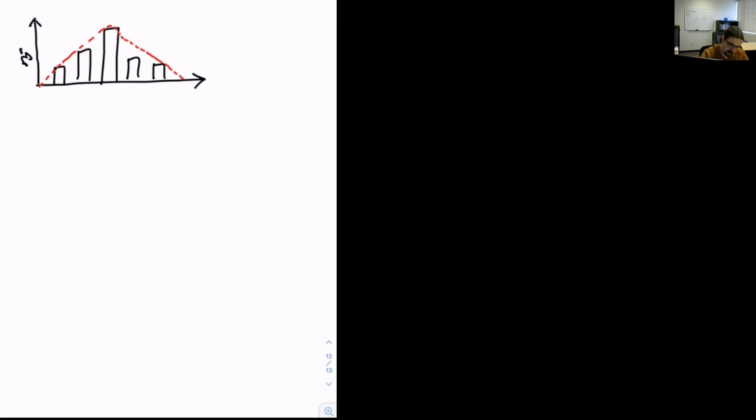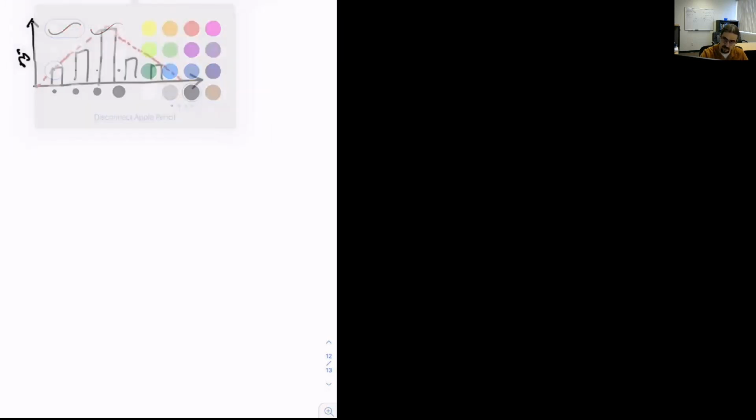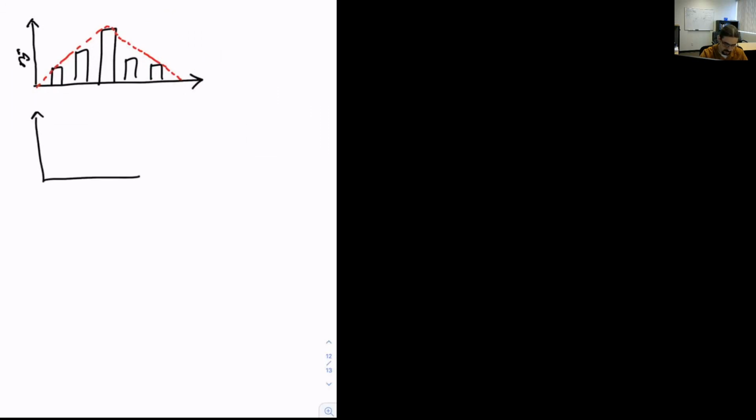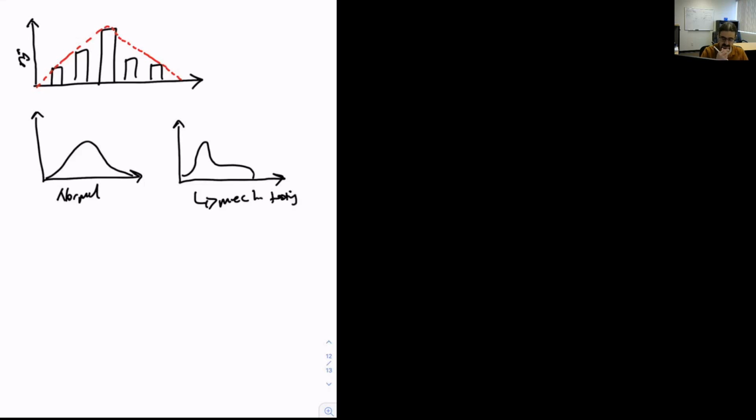As far as probability densities go, these densities can be a normal distribution, or it could be things like log normal, for example, if it's skewed on one side. For things like mechanical testing, these things can be log normal.